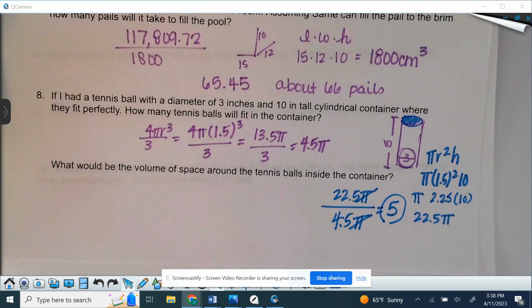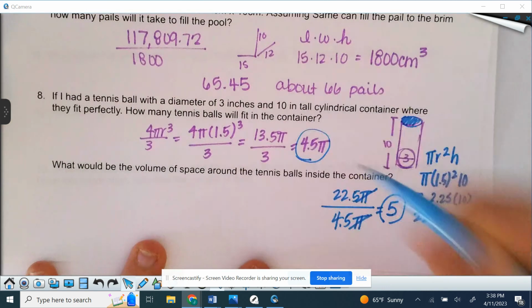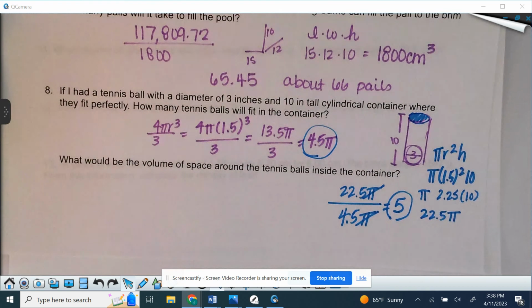What would the volume of the space around the tennis balls inside the container be? So if I have 5 of the tennis balls in there, I'm going to go back to this. That's 5 in the tennis ball. So 4.5 times 5 is going to give us our 22.5.